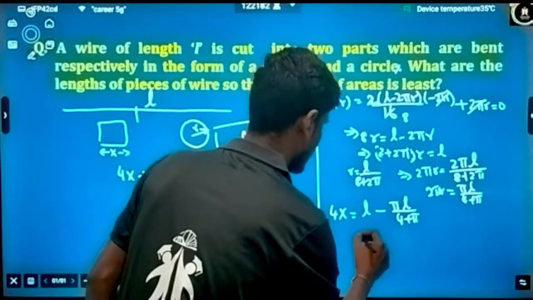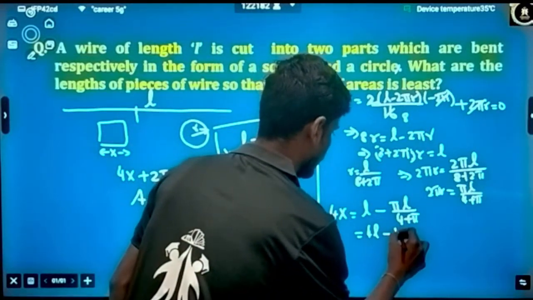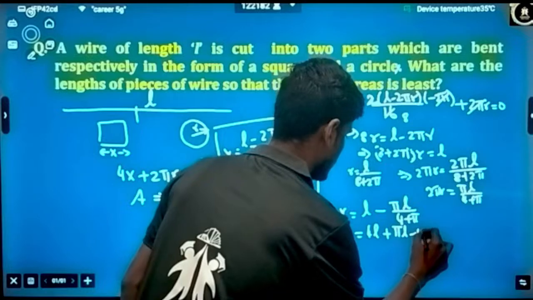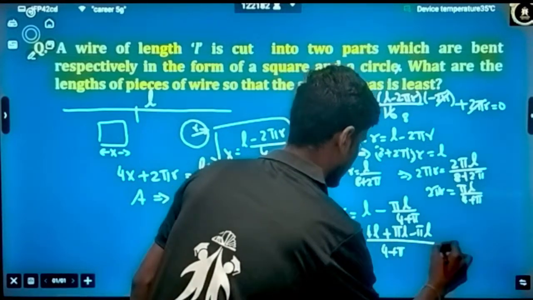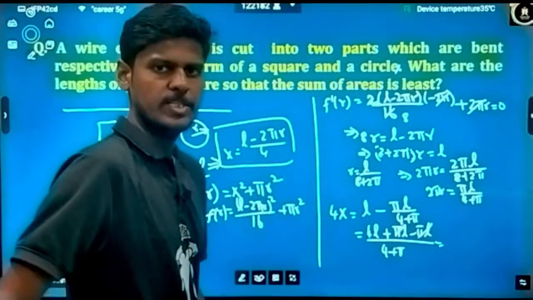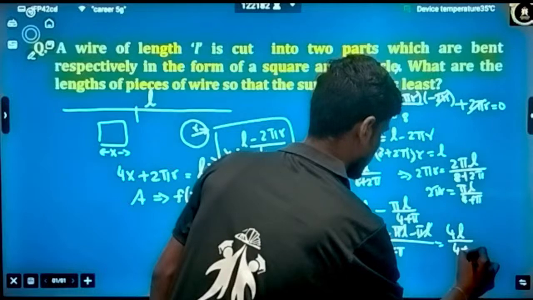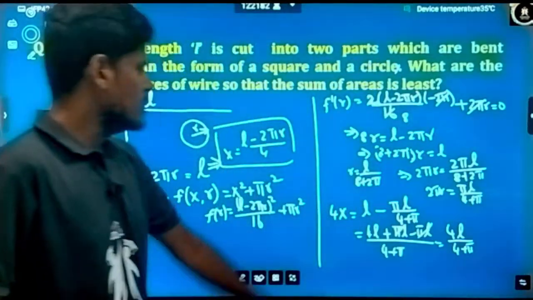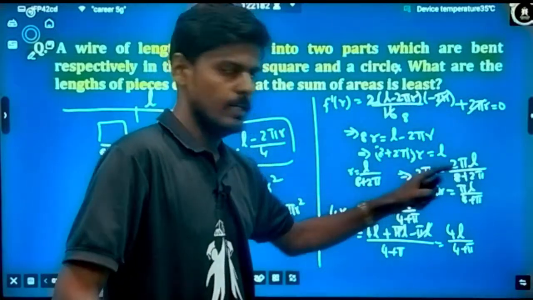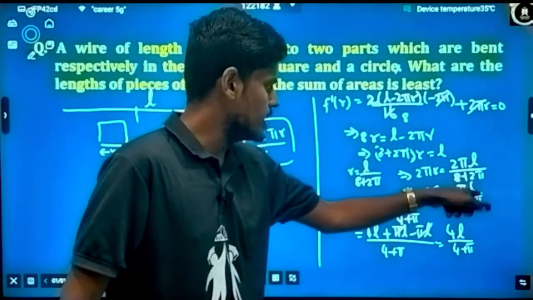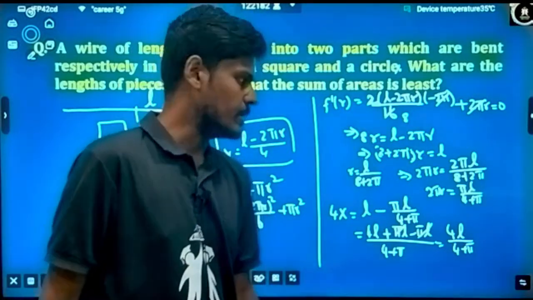So what is the perimeter of the square? Cross multiplying, 4L plus pi L minus pi L divided by (4 plus pi); plus pi L minus pi L will get cancelled, remaining 4L divided by (4 plus pi). So the required answer is: the length of wire that forms the circular region is pi L by (4 plus pi), and for the square it is 4L by (4 plus pi).